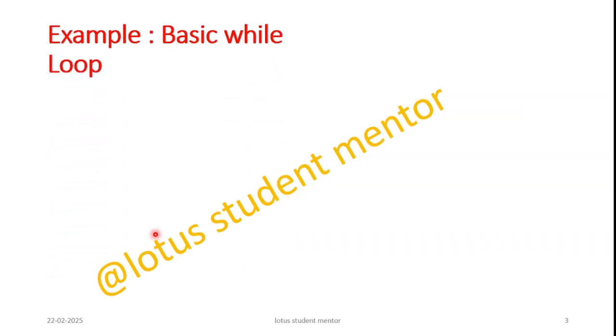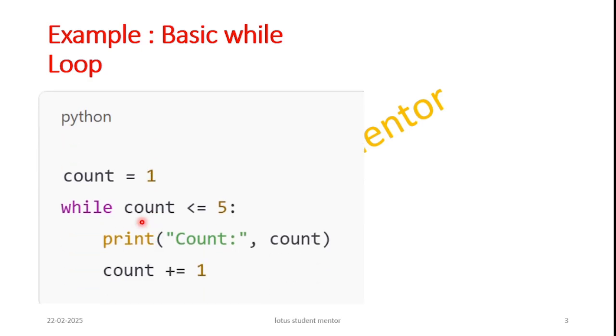Let us take a simple example using a while loop. This is the Python code: count equals 1, while count is less than or equal to 5. Here count equals 1 is initialization, count less than or equal to 5 is the checking, and then print count 1, count 2.